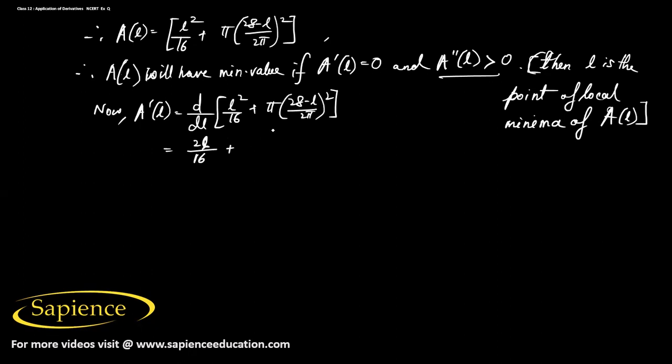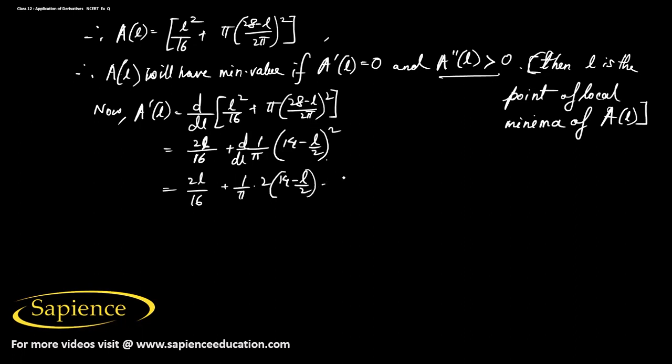That will be 2L by 16 plus 1 by pi into 2 into 14 minus L by 2, into d by dL of this, which will be minus 1 by 2. That should be equal to 0.